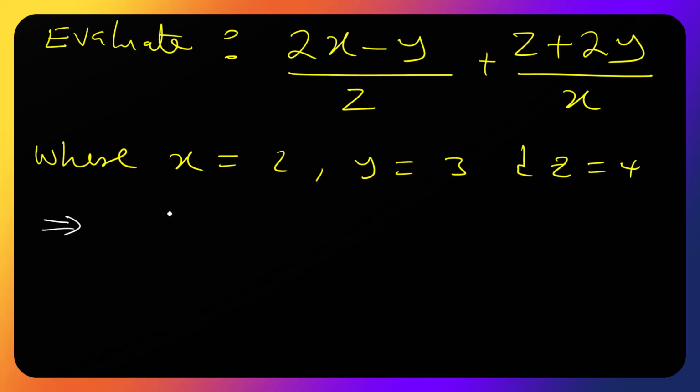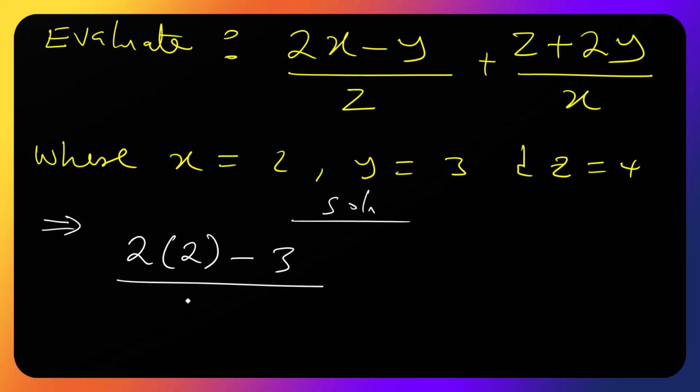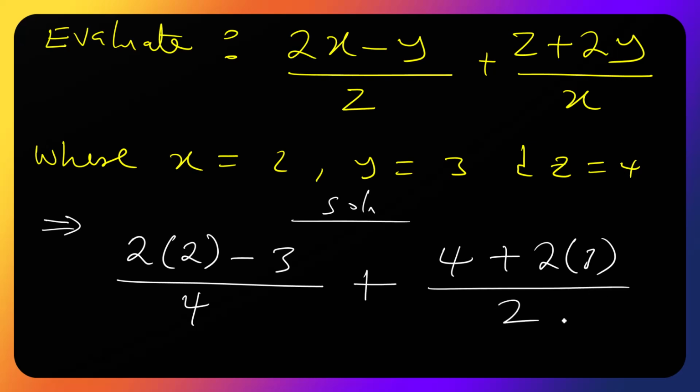X is 2, so where I see x, I'll just put 2 there. Same to 3, then 4. So we have 2 multiplying x 2 minus y 3 on z, but z is 4, plus z 4, y 3, then x 2.